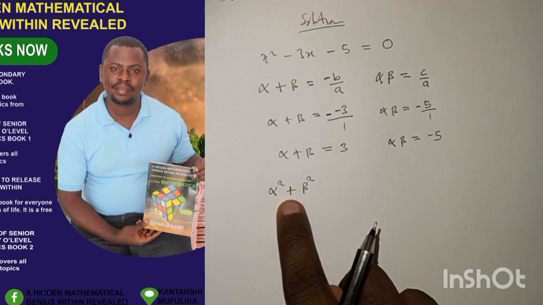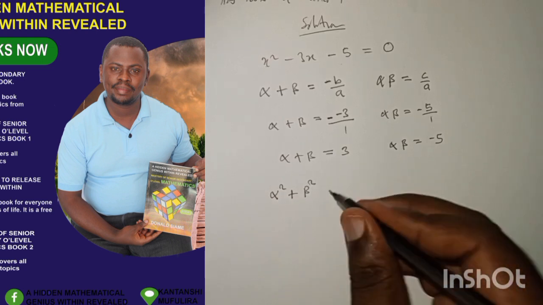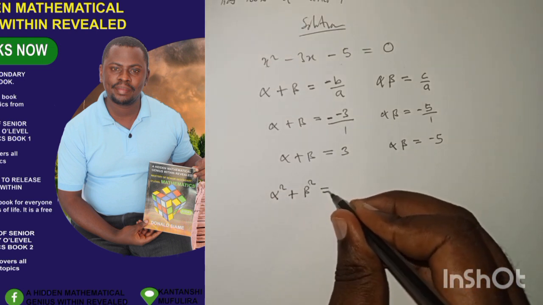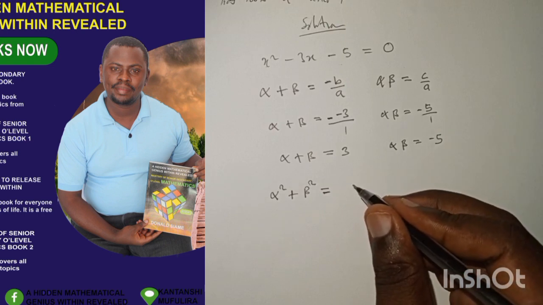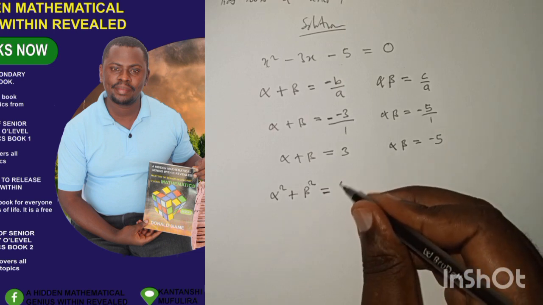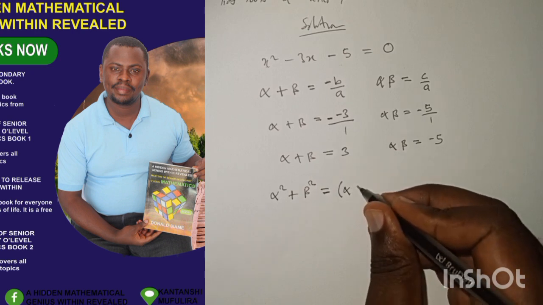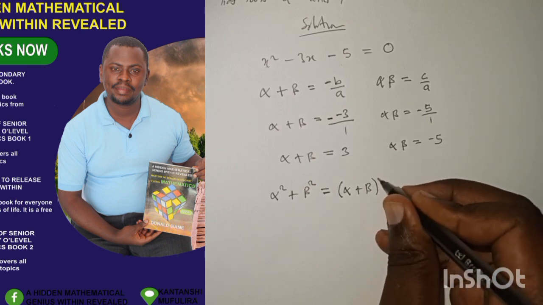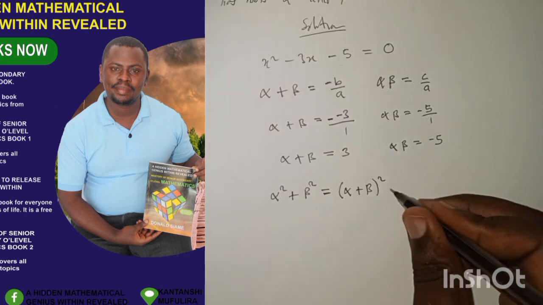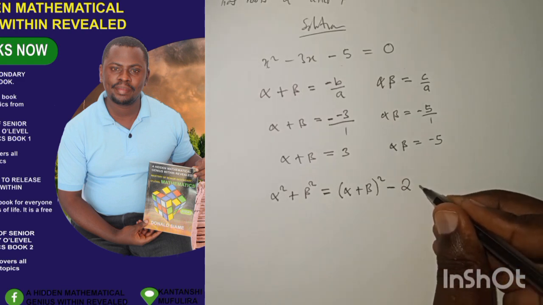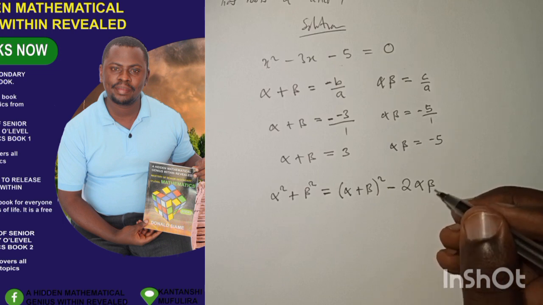Alpha squared plus beta squared is just equal to the square of alpha plus beta minus 2 alpha beta.